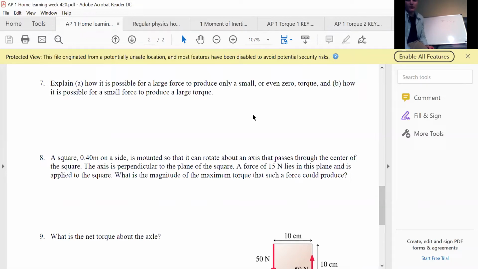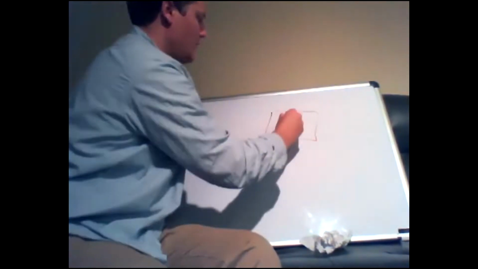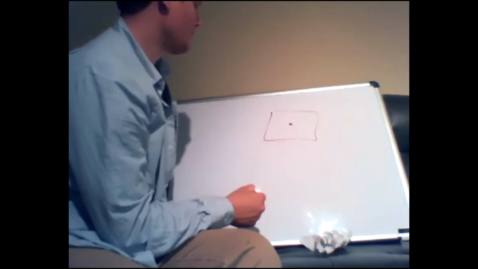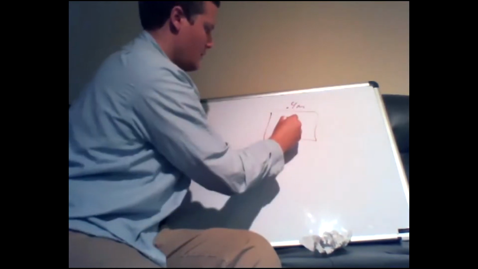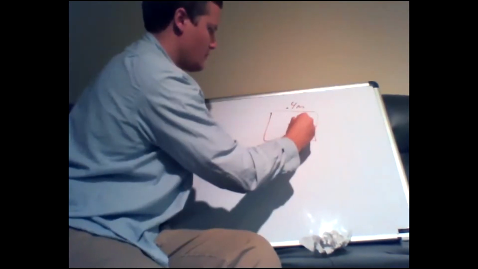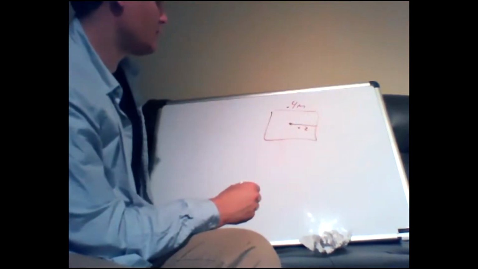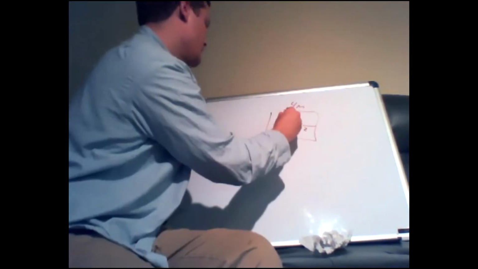And we have a force of 15 newtons. So what we have is a square like this, and we're trying to get it to rotate about its center. If the side is a length of 0.4 meters, then we know that it's 0.2 meters from the center to one side. And it's a square, so therefore this is 0.2 meters too.